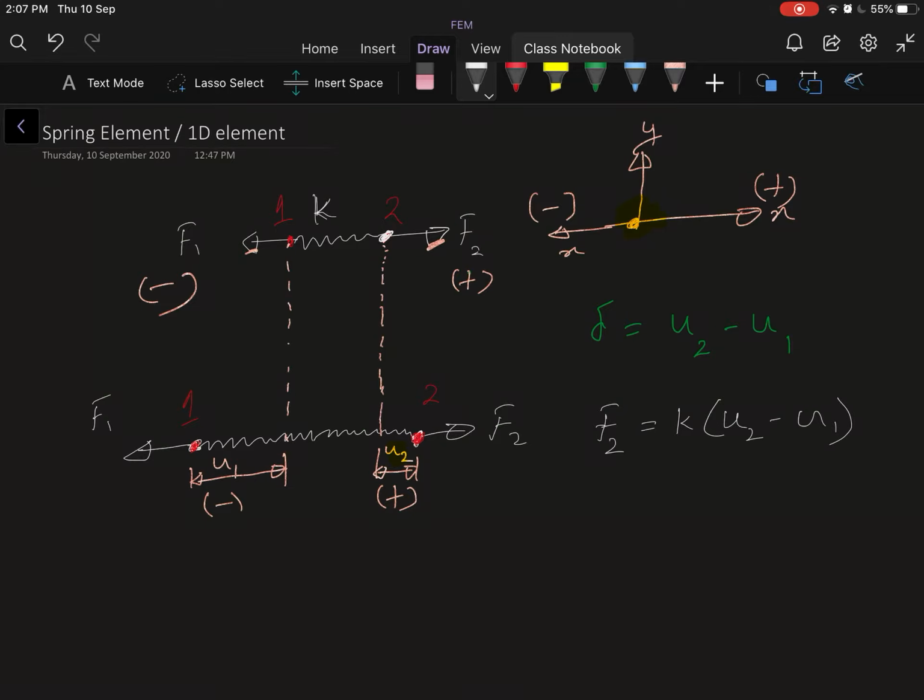Similarly, at point 1 it would be F1 equal to stiffness constant multiplied by displacement u2 minus u1, but since F1 is negative as it is acting on the left hand direction, we need to put one minus sign here. So it can be rewritten as F1 equal to minus K into u2 minus u1.